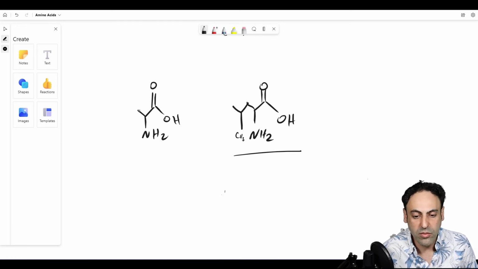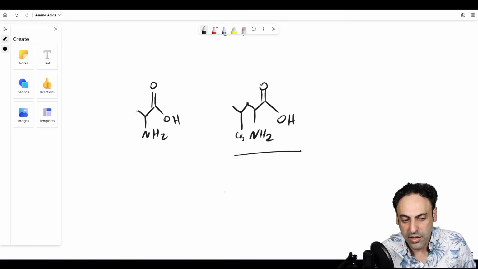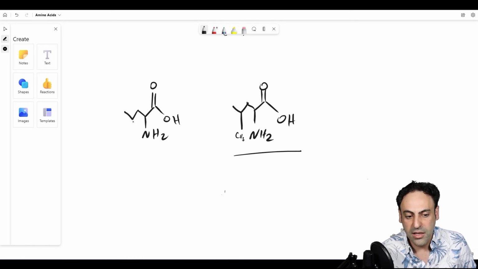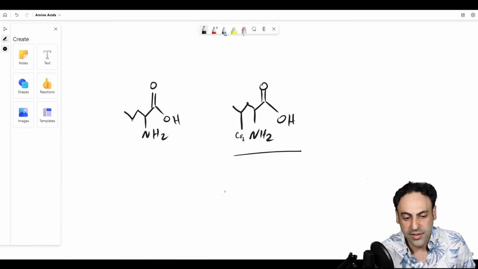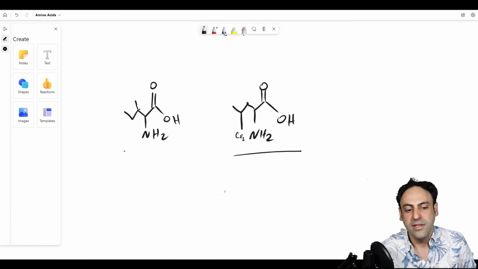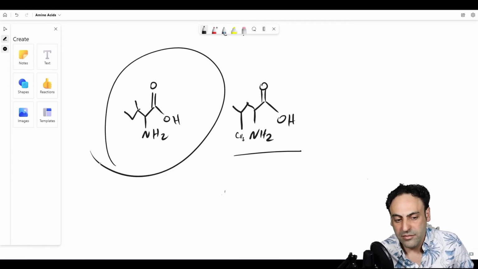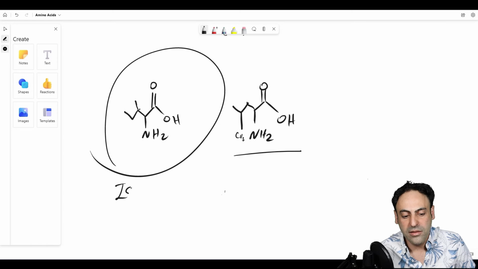We're going to keep going, but here, instead of a Y, we're going to leave it like a V, because this methyl group from here is going to get disconnected and come right over here. And this is going to be isoleucine, this is the molecule of isoleucine.